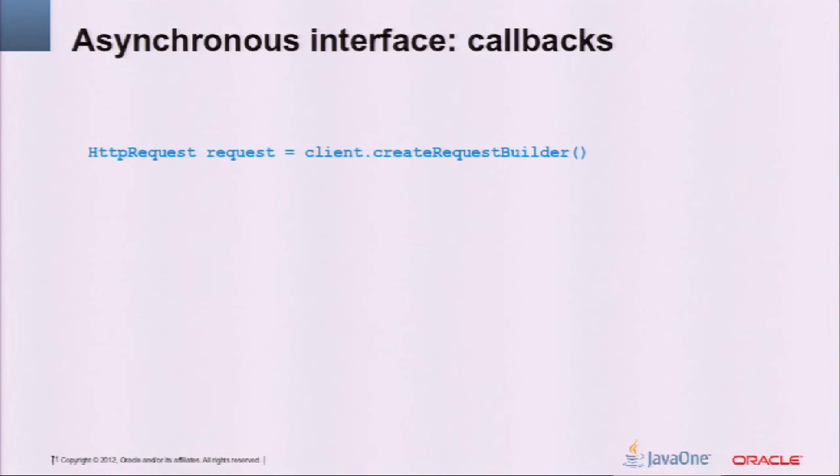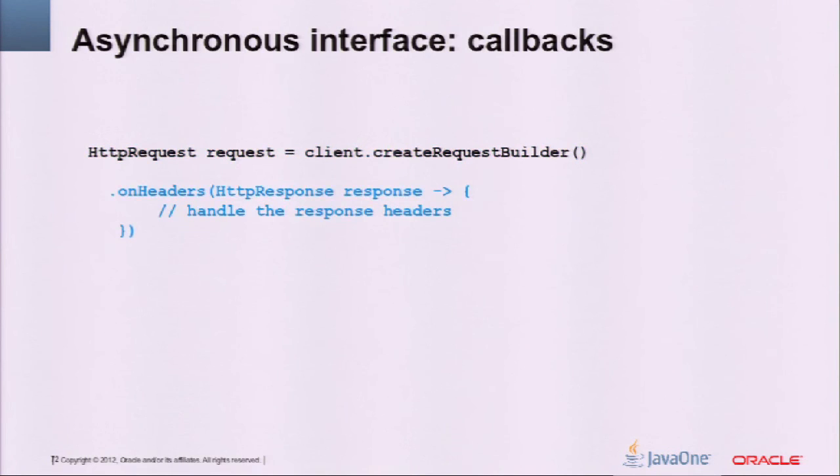So I just want to show a little illustration of how Lambda might be used in that context. We start off with a request builder, and then we call the onHeaders method with a little Lambda expression. The left-hand side of the Lambda expression contains the method signature for the headers handler. And the right-hand side of the expression is the block of code that will be executed whenever the headers are received.